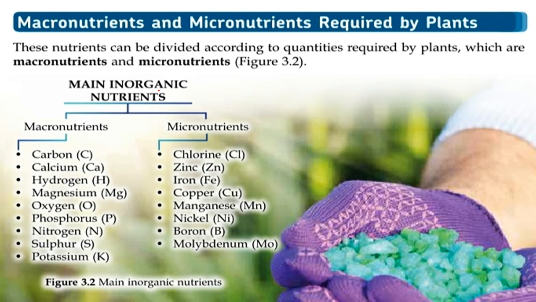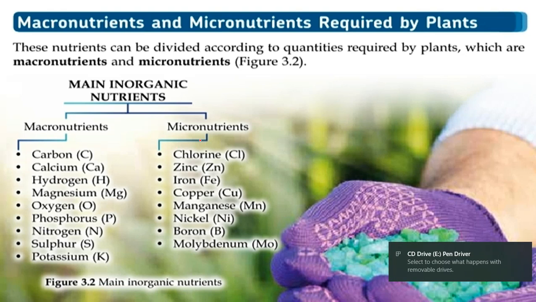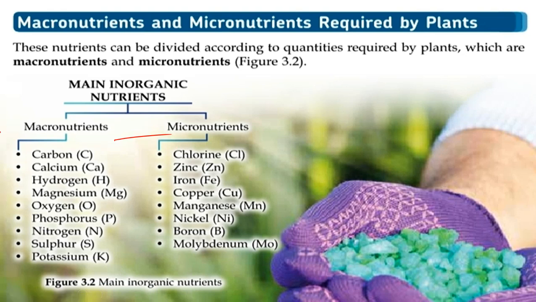So kalau kita tengok macronutrients di situ, figure ini menunjukkan macronutrients yang diperlukan, dan yang di sini adalah micronutrient. So for macro, we have carbon, calcium, hydrogen, magnesium, oxygen, phosphorus, nitrogen, sulfur, and also potassium.